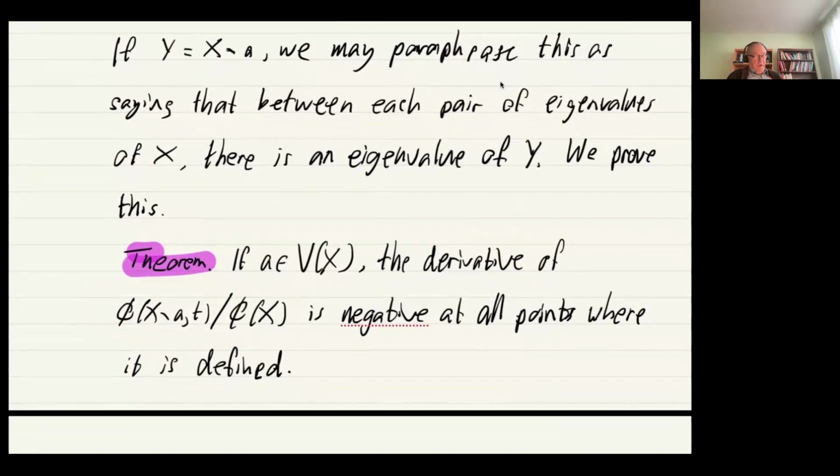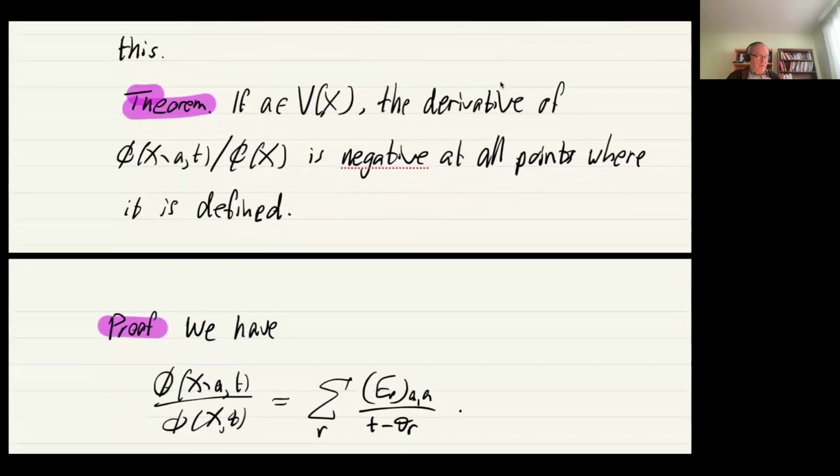Now, the problem is, if there's an eigenvalue theta of X which is not an eigenvalue of X minus A, then that rational function has a pole at theta. And so the function is not defined. But aside from that, at any point where the function is defined, the derivative is negative. And from that, we'll get the interlacing formula.